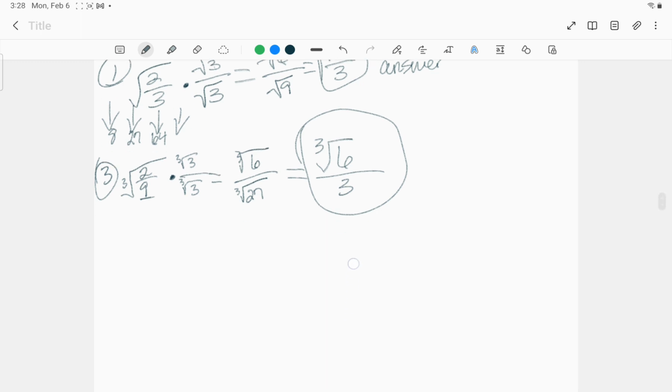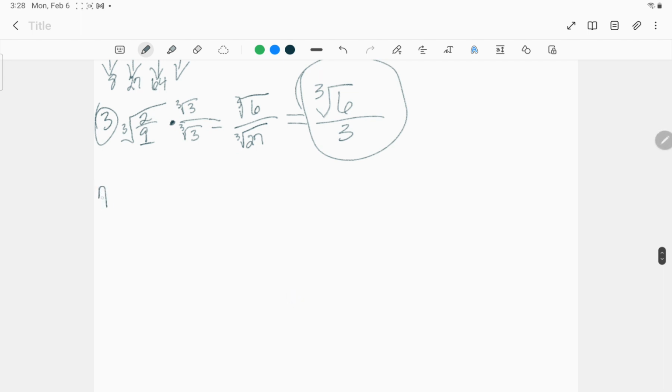Okay, so let's flip over to the top of page 24. Let's do number 7. So we have 2a to the second over 3 times the square root of 3a. Okay?